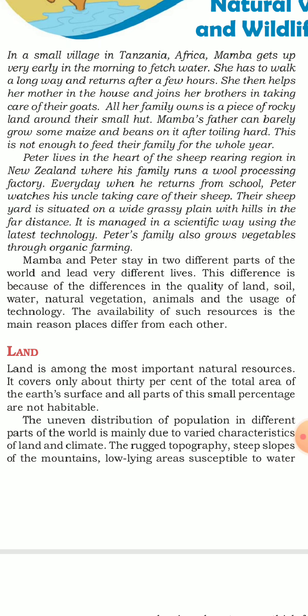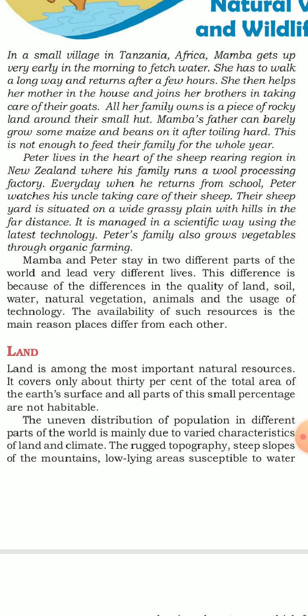So, what do you mean by topography? Topography means natural and artificial physical features of an area. Artificial means man-made. For example, hills, valleys, lakes are natural physical features, whereas roads are man-made.